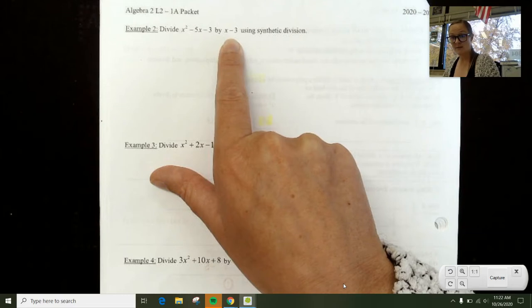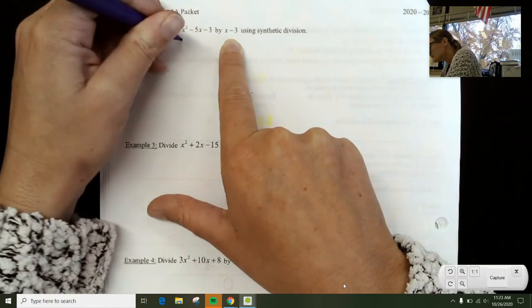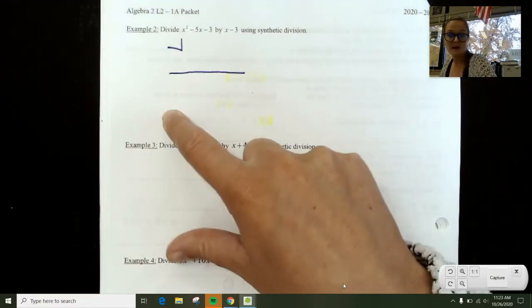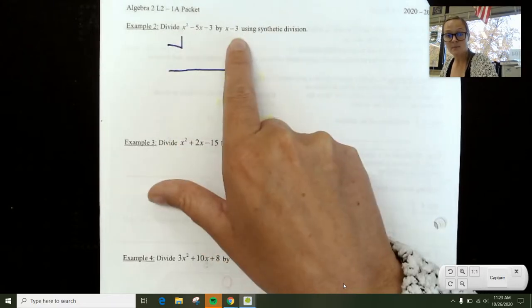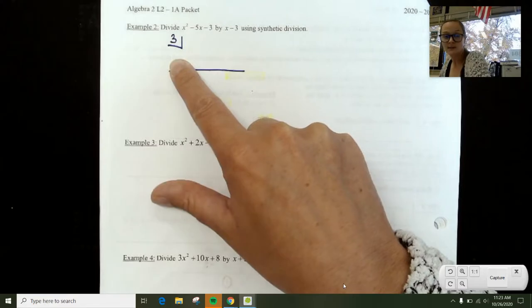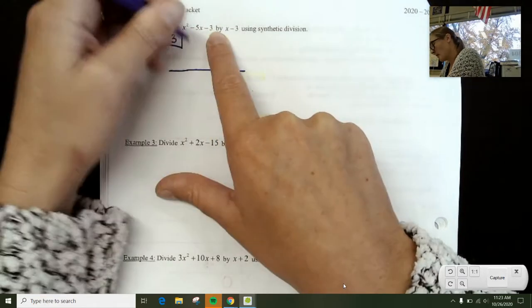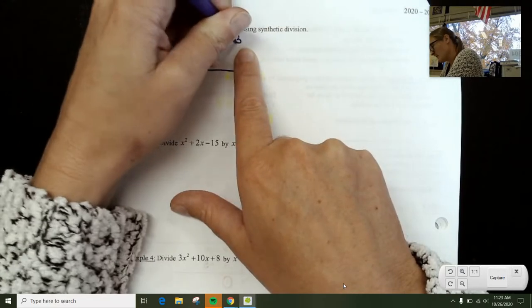So every time I set up one of these problems, I set up a box and a line. And the numbers go across the top. So in the box is the opposite here. So x minus 3 is what I'm dividing by, so I have positive 3 in the box. My coefficients of the problem are 1, -5, and -3.